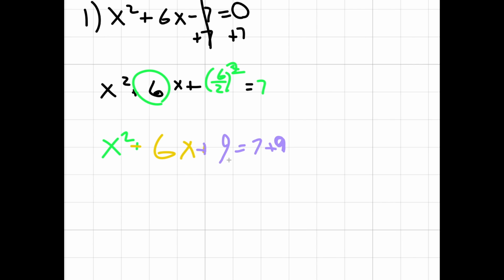Now what we do is we rewrite this section as x plus, and then you just take this term and divide it by 2. 6 divided by 2 is going to be 3.